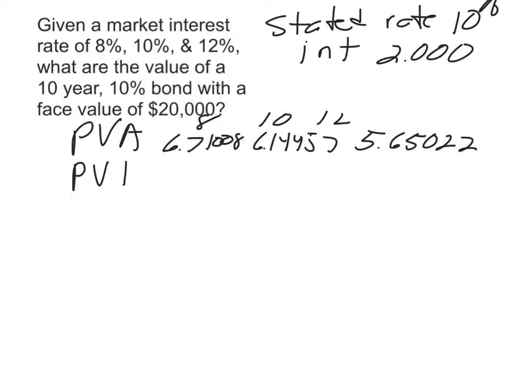For present value of 1, for the 8%, it's 0.46319. For 10%, it's 0.38554. And for 12%, it's 0.32197.